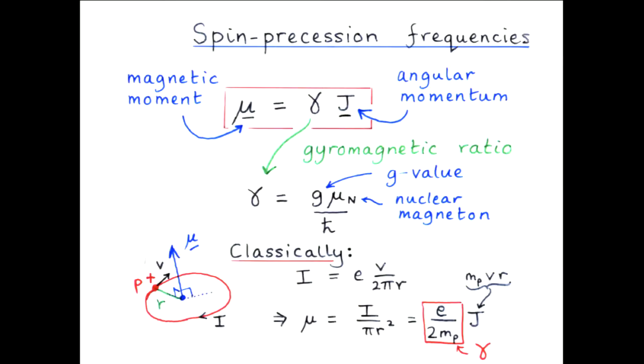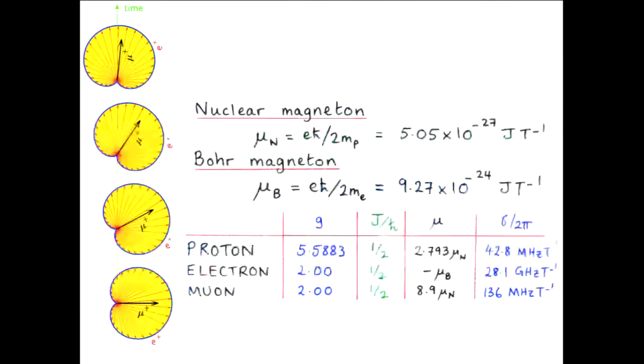And so the gyromagnetic ratio tells you that ratio of charge to mass, and you can see it has a form in it which is charge divided by mass. There's a factor of 2 in there as well that you also need because of the different ways in which these things are defined. But again, the gyromagnetic ratio is telling you about this relationship between magnetic moment and angular momentum, but it also tells you about how fast things precess.